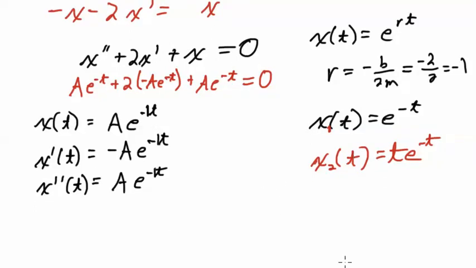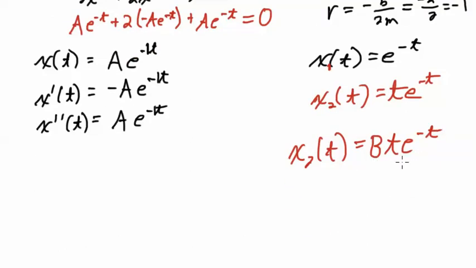If I took, well, we've got it written here, x2 of t equals t e to the negative t. I'm just going to go ahead and multiply that by some constant b t e to the negative t. And now the first derivative, we're going to use the product rule here. So the first derivative, x2 prime, is b times, okay, this times the derivative of this would be negative t e to the negative t, plus this times the derivative of this would be just plus e to the negative t.